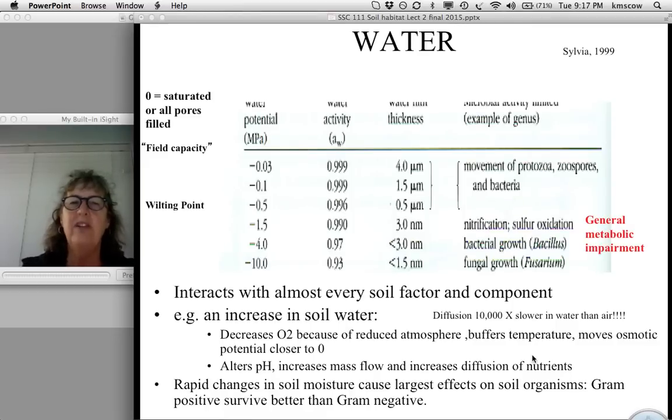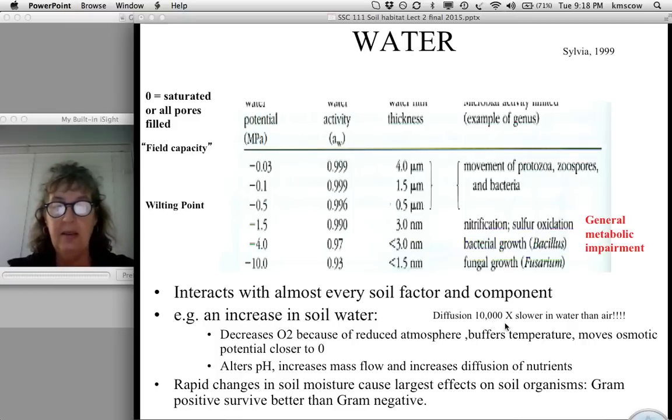Okay, water. Water is really crazy. Water interacts with almost every other soil factor. For example, if you increase soil water, and you must remember this from part 1 of this lecture, you're decreasing the gas phase. So the diffusion of solutes, or could be gases, in soil is going to be really strongly affected by this ratio of water to atmosphere.